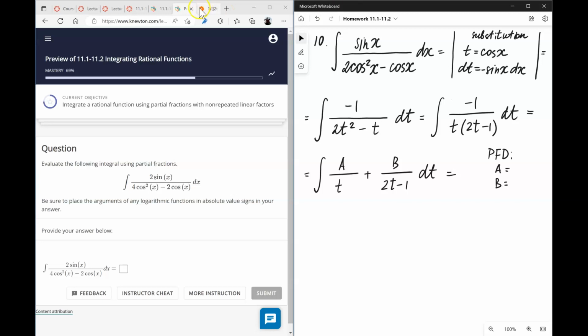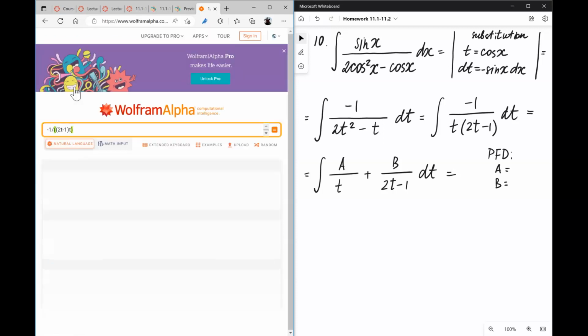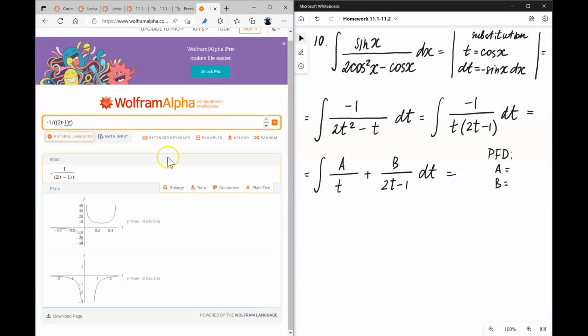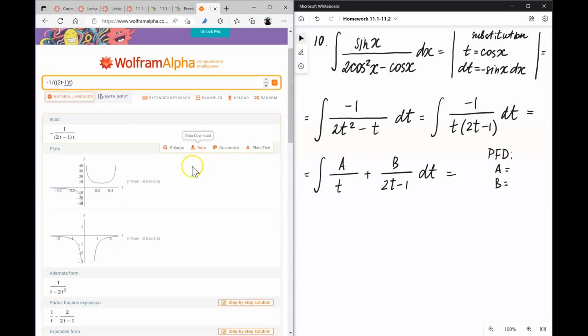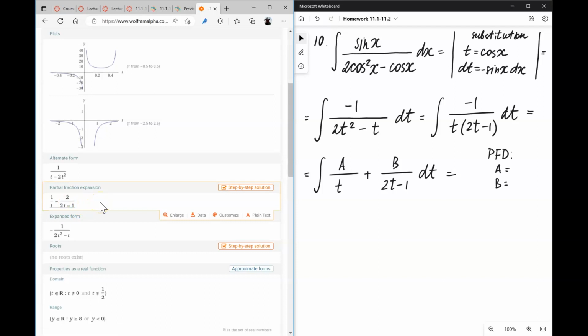I, however, am going to delegate this task to the computer. Make it useful. And looking at the partial fraction expansion, we can identify A to be 1 and B to be negative 2. And continuing now with the problem, so we have the integral of 1 over t.